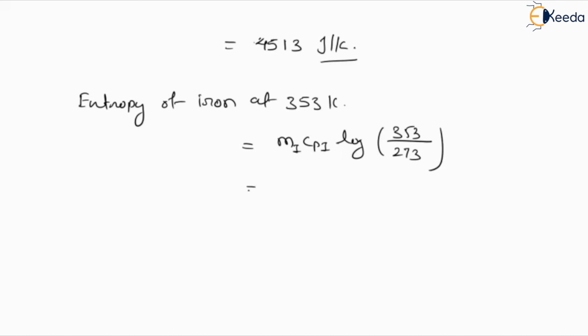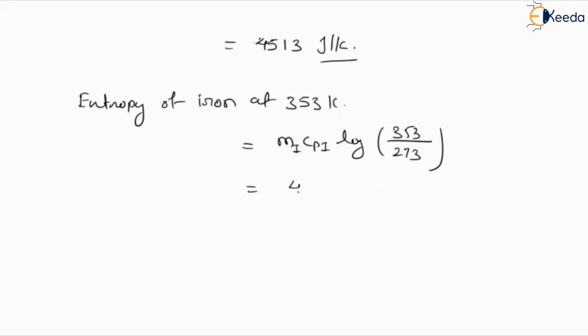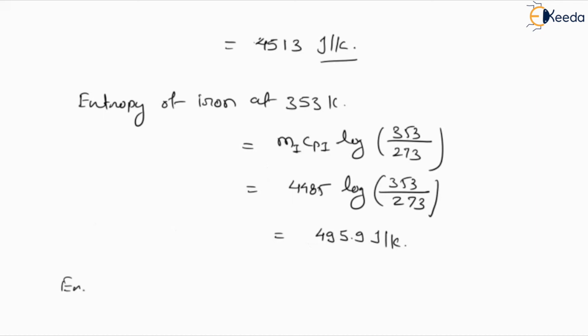The MI CPI value we know is 4485, and it will be multiplied by log 353 by 273. So the final value is 495.9 joule per Kelvin. Now one more value we have to define, that is the entropy of water at 353 Kelvin.